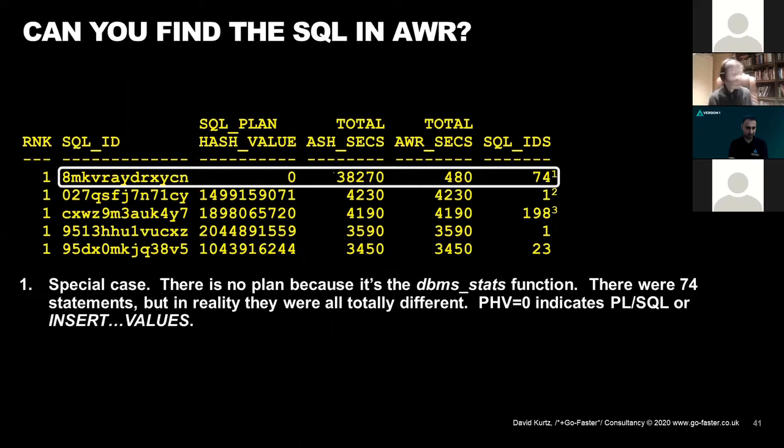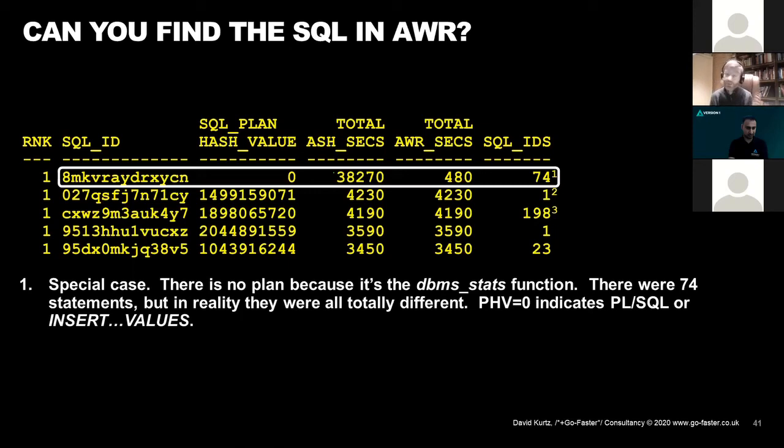Now, the top row, you'll see this quite a lot. The top row is plan hash value 0. Lots of things produce plan hash value 0. Calls to PL/SQL and INSERT VALUES statements are all plan hash value 0. Here, I've actually detected 74 different SQL IDs that have plan hash value 0, and I've only actually captured 480 seconds of DB time out of the 38,000 seconds that were sampled by ASH.